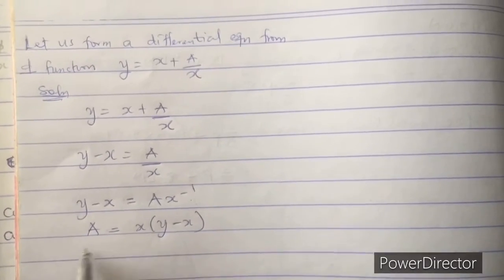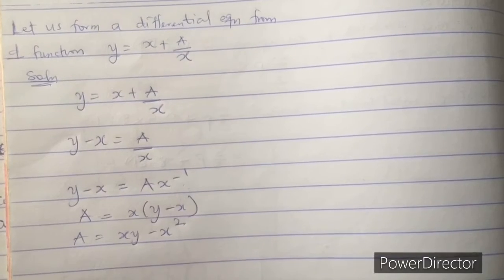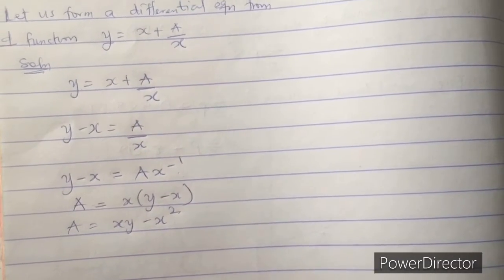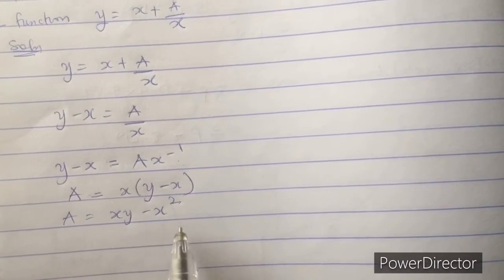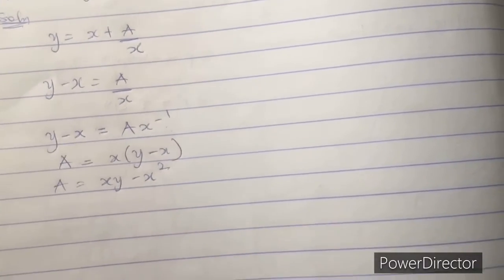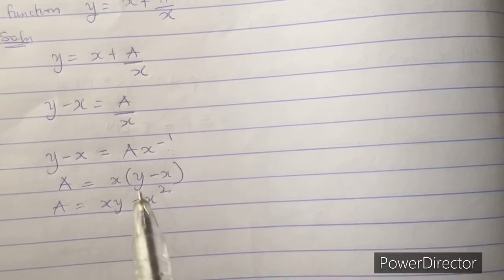Now we have to open the bracket, that will be xy minus x squared, and after opening the bracket, we now go for differentiation. We are to differentiate.